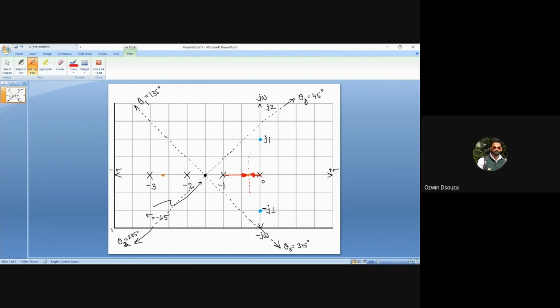All right. So you remember one thing, while finding out the asymptote angle, we had mentioned the usage of asymptotes, right? So asymptotes are the guidelines for the branches of the root locus which are moving towards infinity. So what you have to see is, do you have any imaginary crossover?